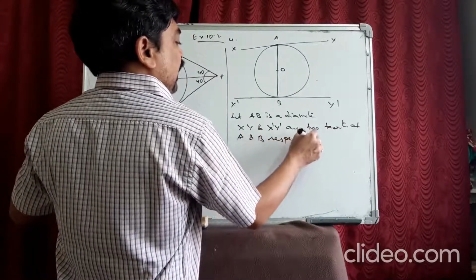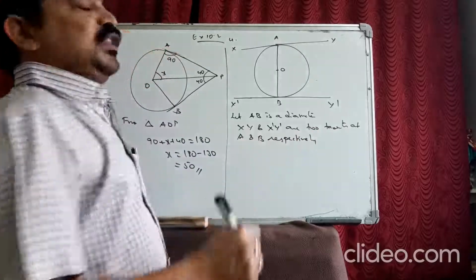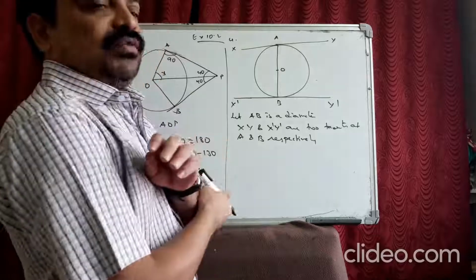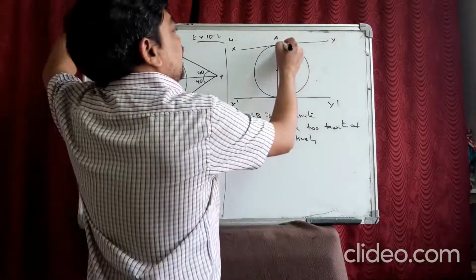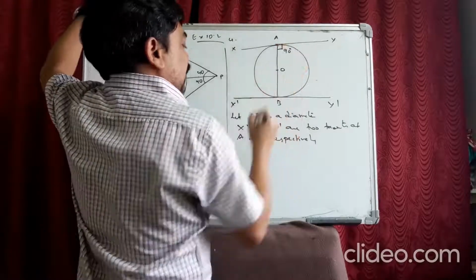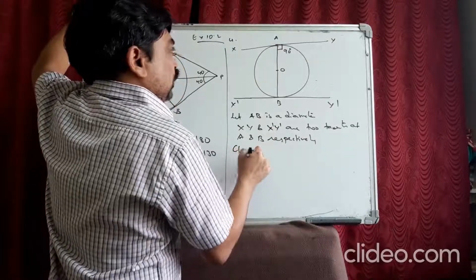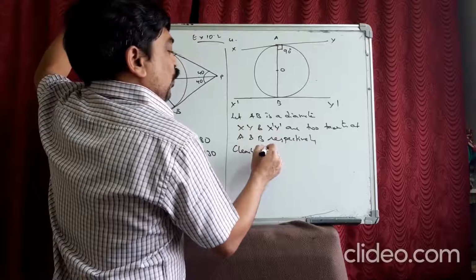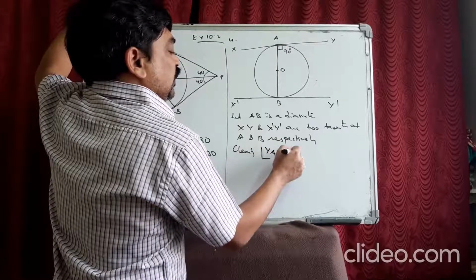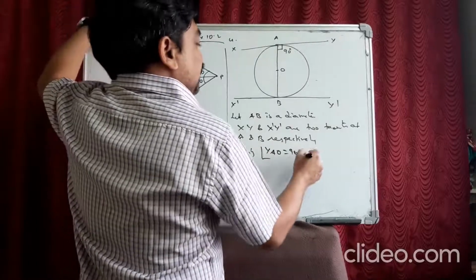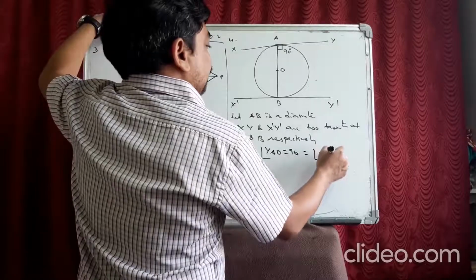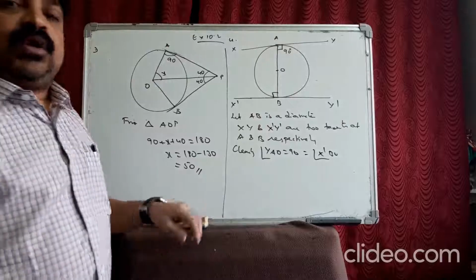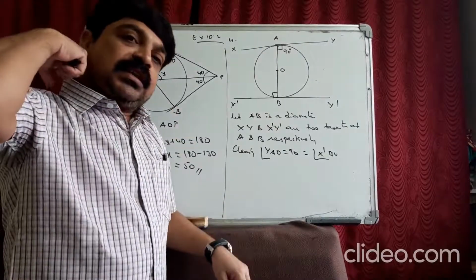Now we have to prove that these two are parallel. So for parallel, what can we prove? We know this is 90 degrees, agree? Clearly, according to the property of radius and tangent, angle YAO is equal to 90. Also it is equal to angle X dash BO. When these two angles are the same, according to alternate angles, these two lines are parallel.